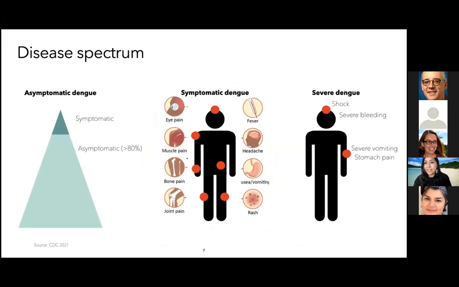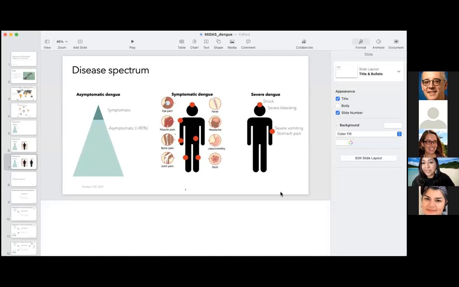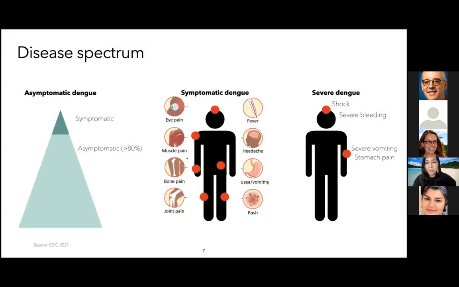Oftentimes upon secondary infection, individuals experience severe dengue, which can be comprised of shock, severe bleeding, and severe vomiting and stomach pain.